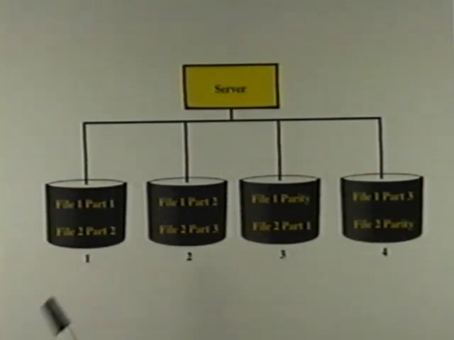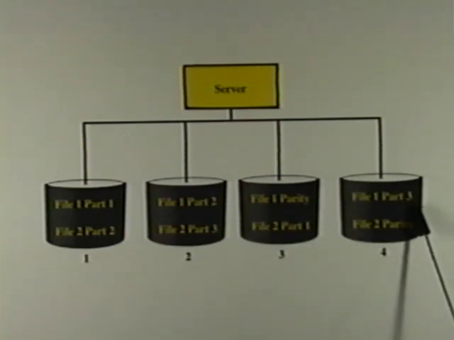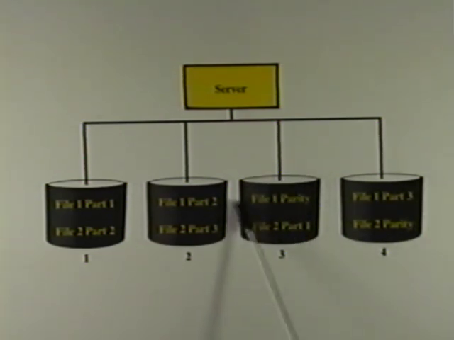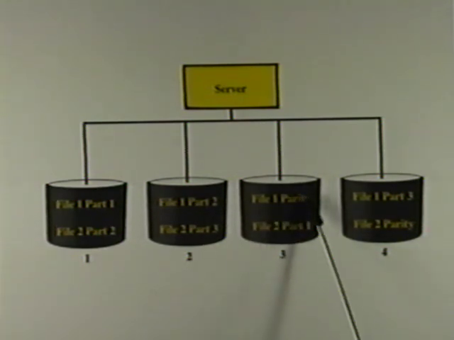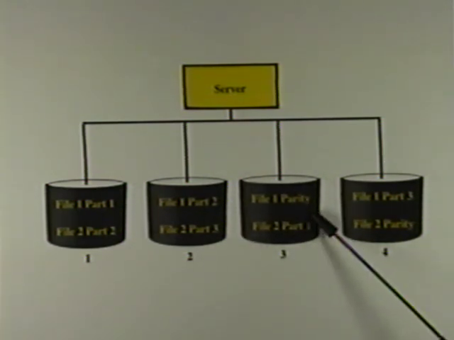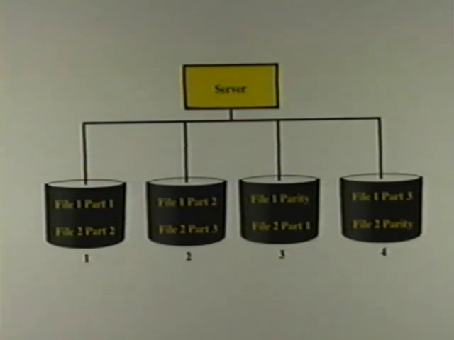Now, it doesn't actually write the whole contents of file 1 to each of the disks. Okay? It writes part 1 of file 1 to disk 1, part 2 to disk 2, part 3 of file 1 to disk 4, and then adds some parity for file 1. Now, recall what parity is in a communication scheme. Usually parity was a bit that we added.